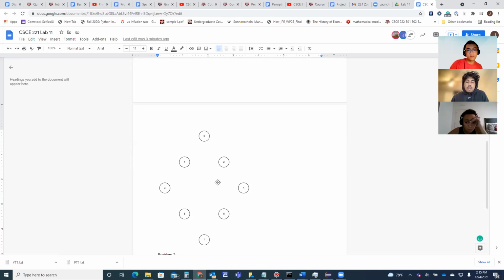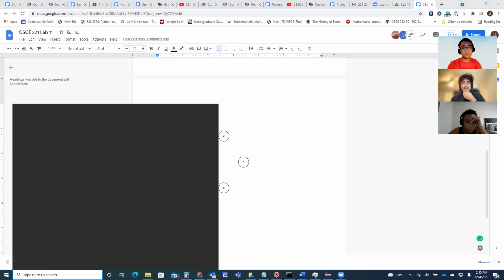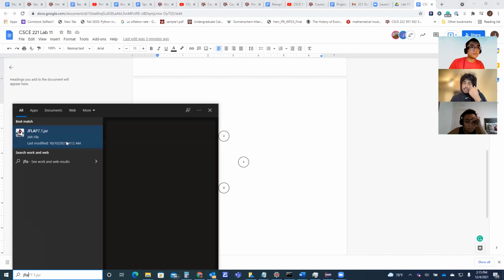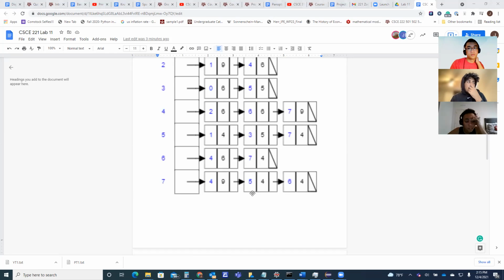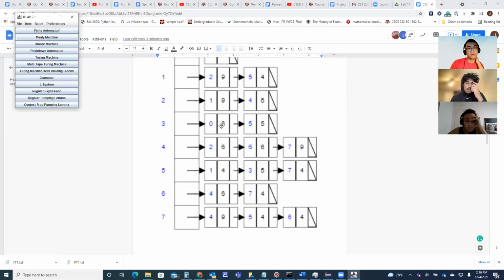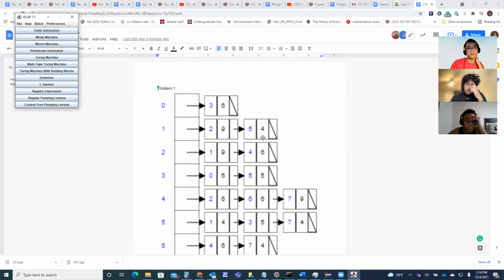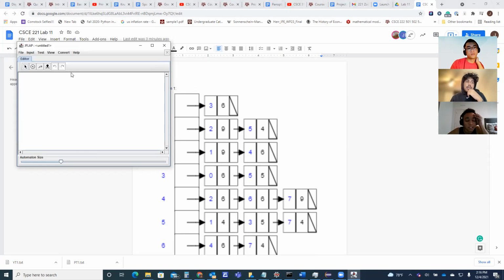We can actually use JFlap for this, I think. Nice. Wait, I have a quick question. How do they determine the weight of the lines? They're given to us usually. So we'll never be asked to find the weight. We'll just be given the weight and maybe asked to find the least amount of weight to connect everything.